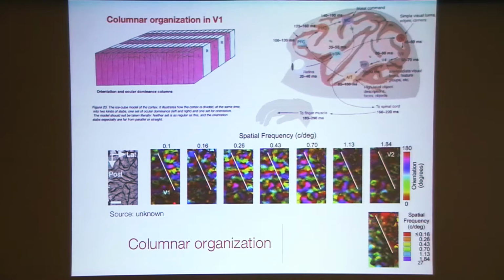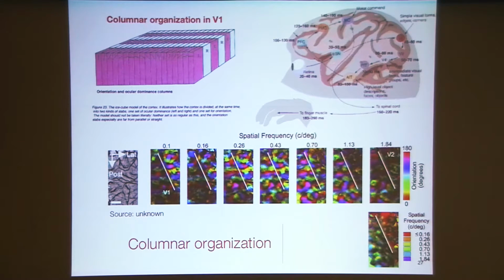If anyone knows, let me know what the original paper is. This is an optical imaging study. Optical imaging is a relatively crude way of measuring brain activity. Essentially, you open the scalp and put a camera directly looking at the visual cortex. This technique works well for looking at the activations of cells on the surface of the cortex. What's being used is a voltage-sensitive dye that reflects different amounts of light depending on the voltage of a patch of the visual cortex, which reflects the overall population average activity.